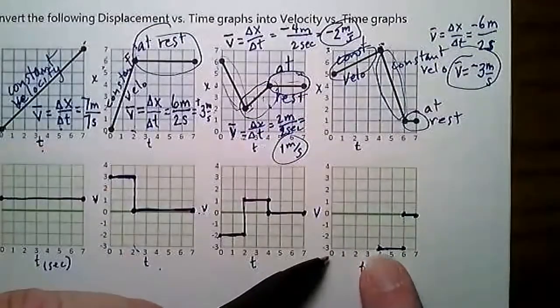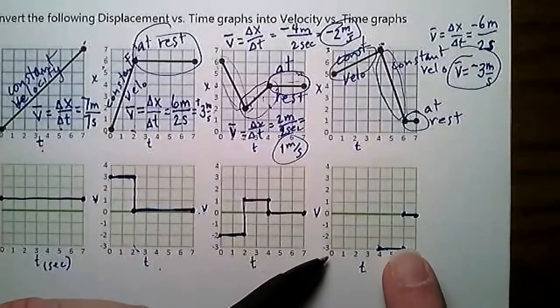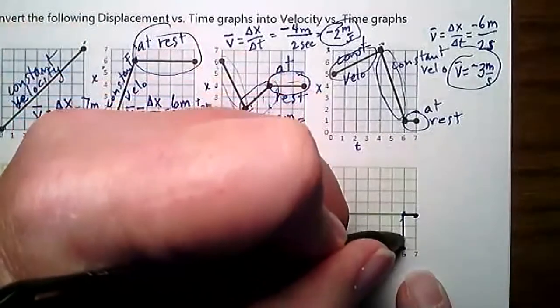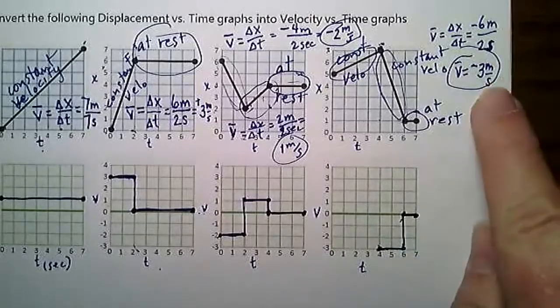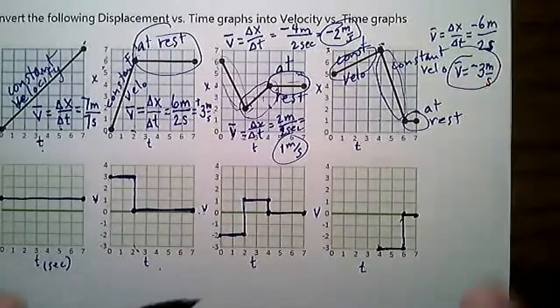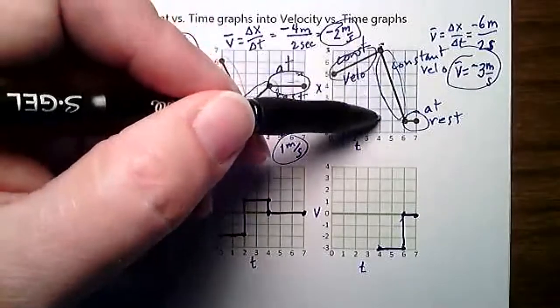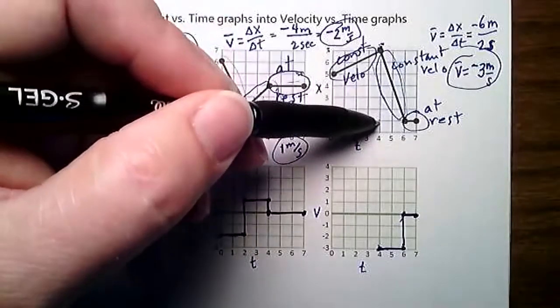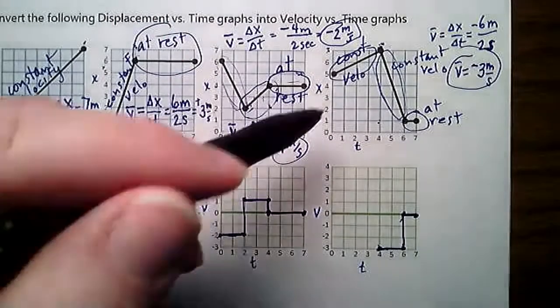And so if I write any line along here, that means it stayed at -3 meters per second the whole time. Okay, now again, why was this negative? Because my change that occurred here was negative. The change in the displacement went from 7 to 1. That's a -6 change.